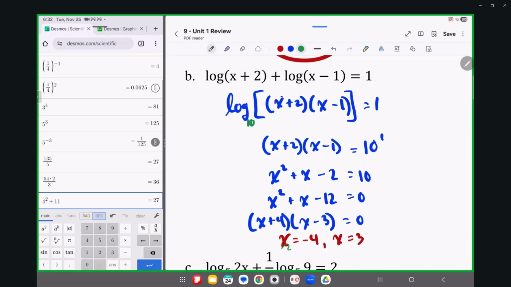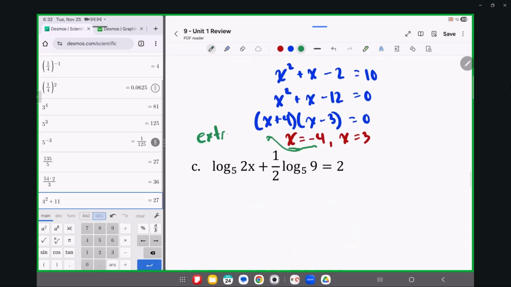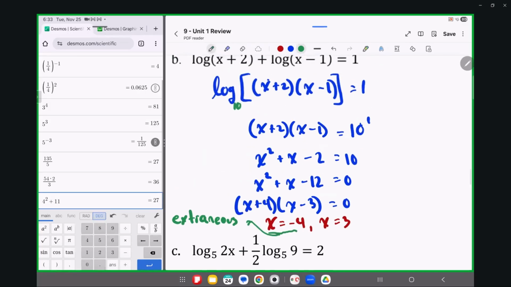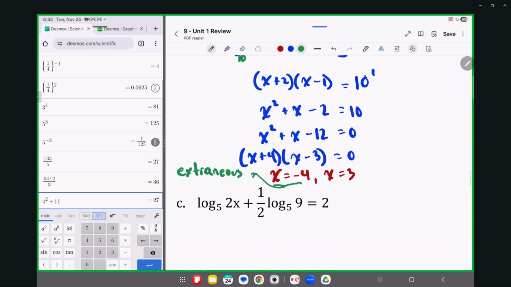So we will indicate that this solution is extraneous. Okay, what about 3? If we insert 3 into here, 3 plus 2 is positive, 3 minus 1 also positive, so this answer is okay. So we'll circle the solution, and that's going to be our answer.